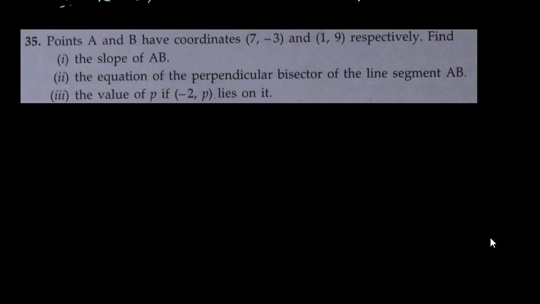Now question number 35. Here points A and B have the coordinates 7, minus 3 and 1, 9 respectively. Find the slope of AB. So you have been given the coordinates of A, which is 7, minus 3, and of B, which is 1, 9.